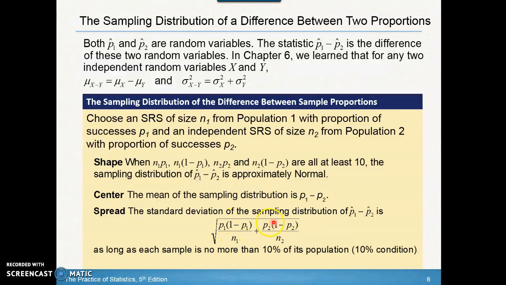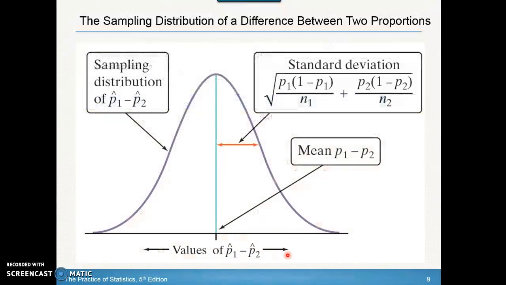So basically what we're doing here is finding the variance and then taking the square root to get the standard deviation. Underneath here I have standard deviation 1 plus standard deviation 2, taking the square root. That is going to give us the standard deviation of the sampling distribution of the difference of the two proportions. Just make sure that the population is still 10 times the sample size.